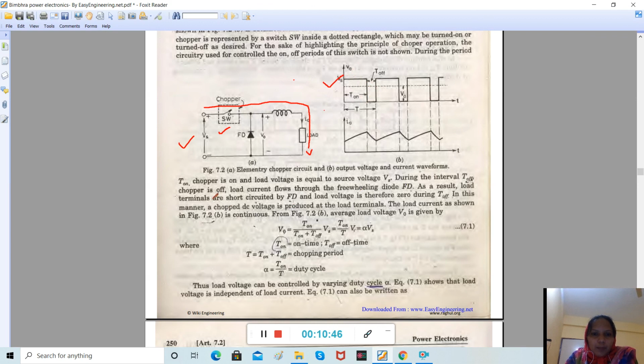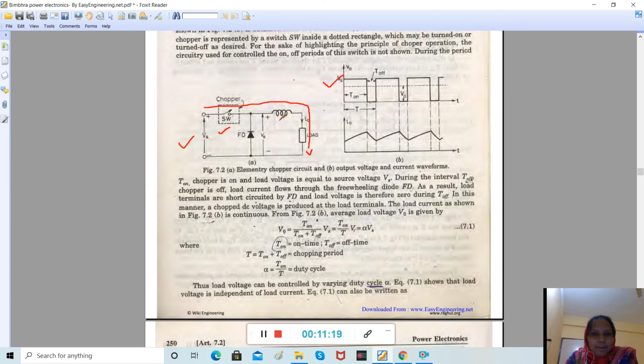During the interval T off, the chopper is off. Load current flows through the freewheeling diode. See, the current direction is in this direction, and due to this inductor, the current changes gradually. During T on, energy is stored in this inductor. The energy stored in this inductor circulates through the freewheeling diode and load during T off.